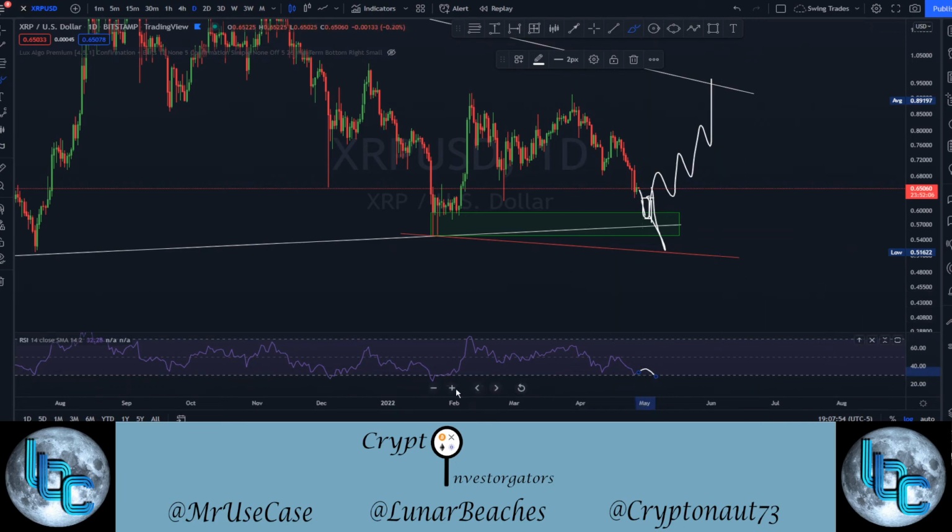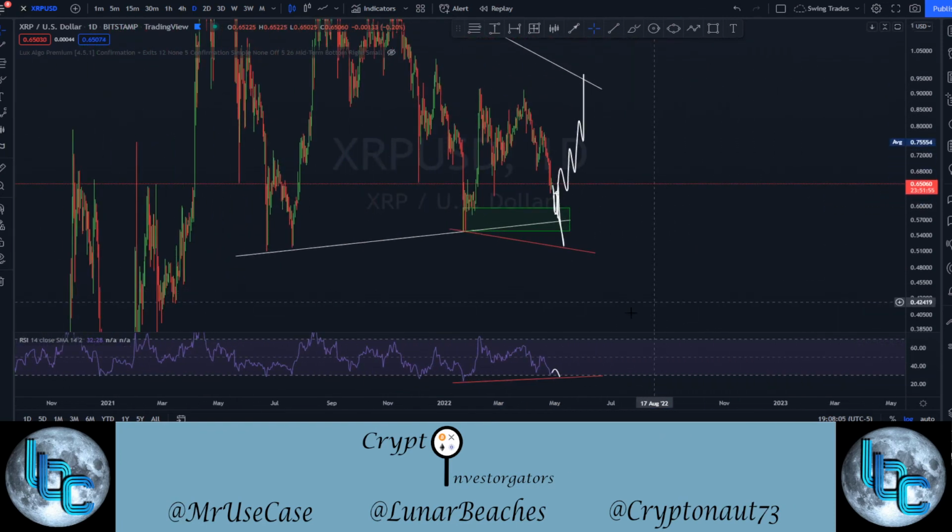What I was going to say is, if we could have some RSI divergence where price is going down, but the RSI is going up, that would be bullish RSI divergence. If I saw something like this, and I saw a bounce, I'd be saying, all right, we're confirmed.